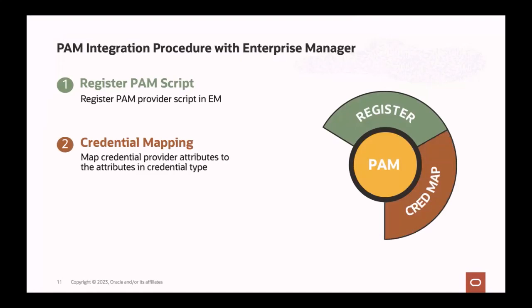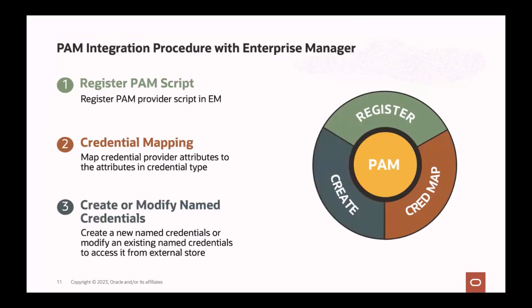The second one is the credential mapping. Here, a mapping is established between the attributes of the credential provider and the attributes of the credential type in Enterprise Manager. This mapping ensures that the retrieved credentials from the external PAM can be correctly associated with the appropriate Enterprise Manager credential type.